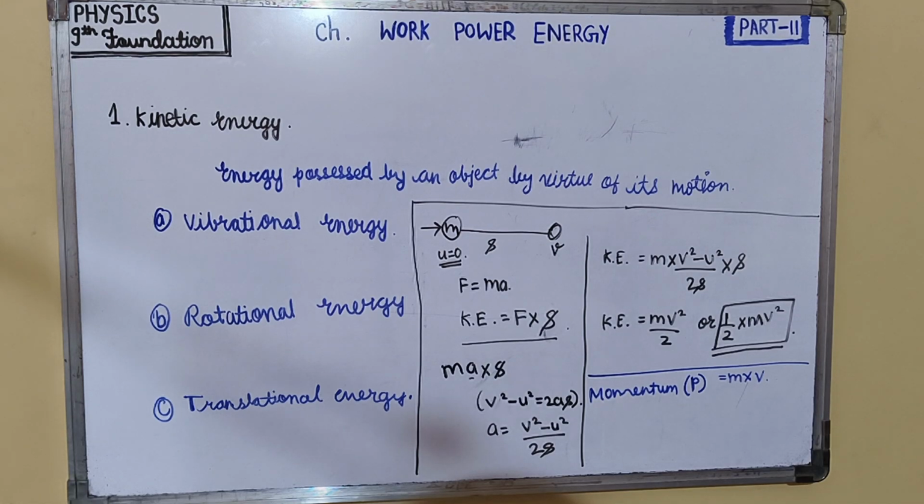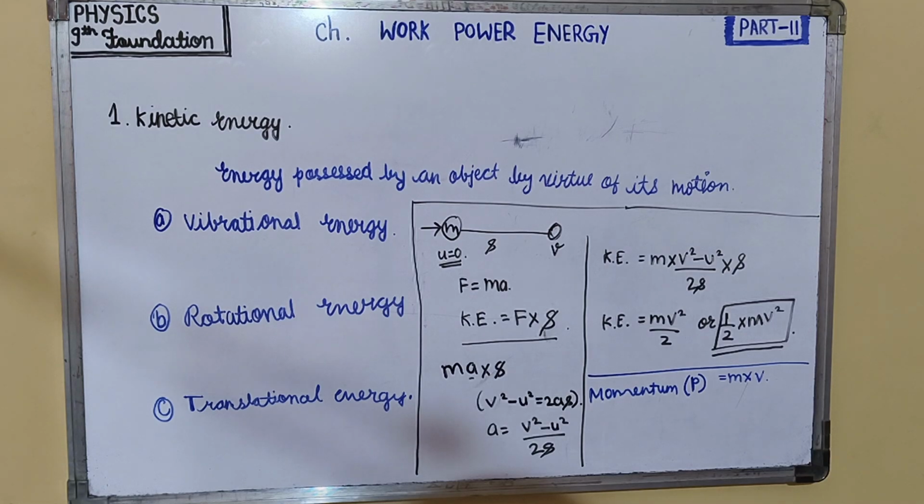On multiplying and dividing by m on the RHS of the equation, that is kinetic energy is equal to half into m into v square, we will get kinetic energy is equal to m square v square upon 2m.